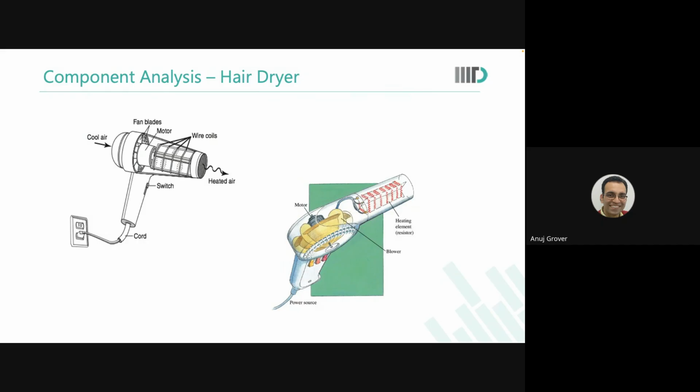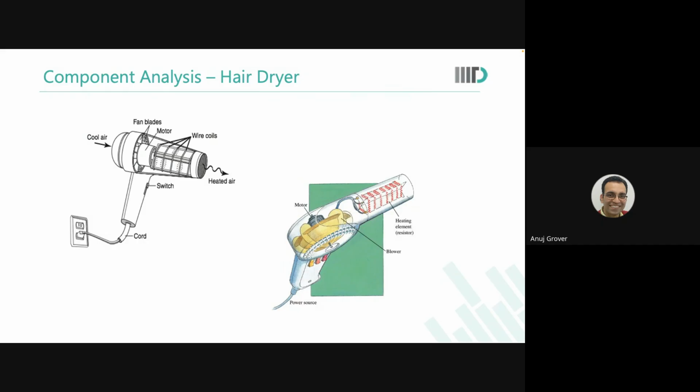Motor, fan, blades, okay. Wire, coil, switch, cord, resistor. Is this wire coil different? It's the same. Okay. Control circuit. Okay. Blower is this fan only, na? Okay.